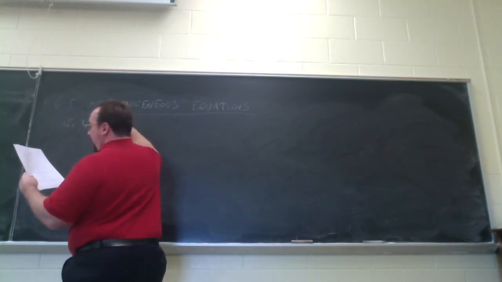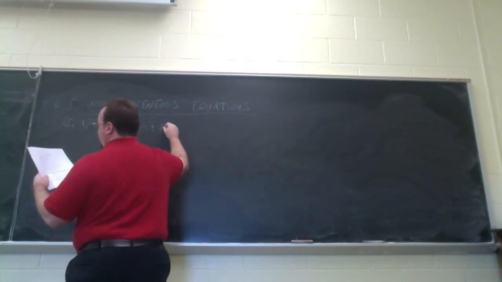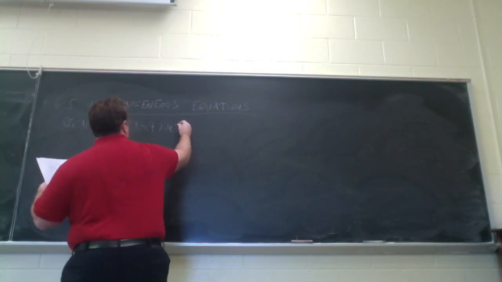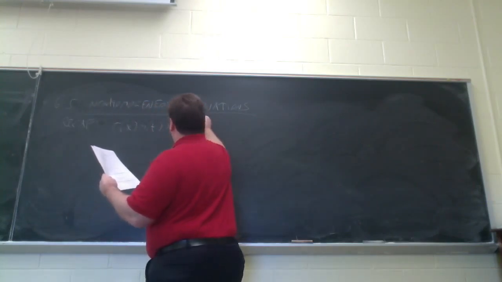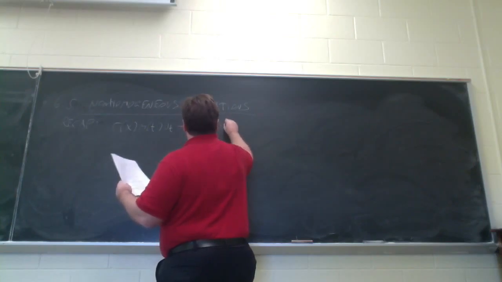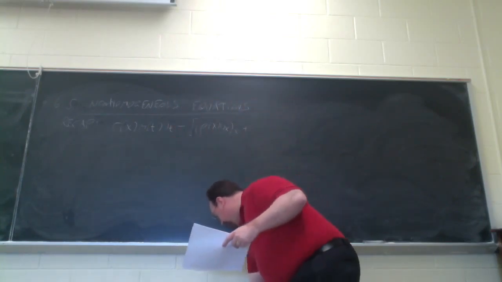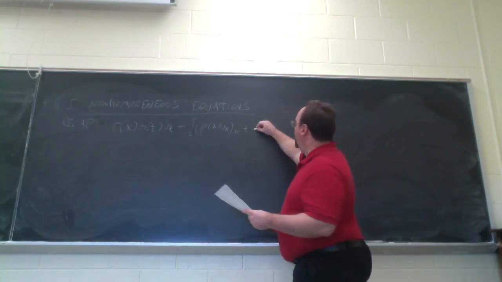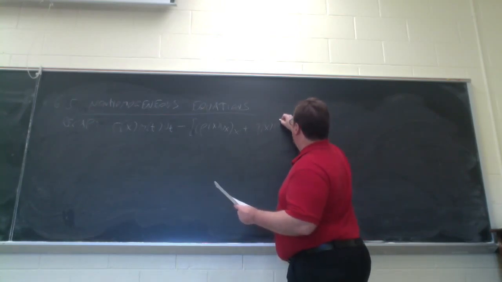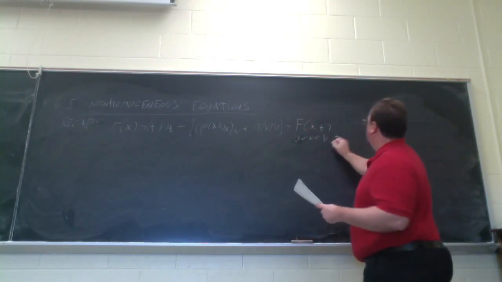The problem we're solving is r of x, u_t, minus the derivative of p of x, u_x, plus q of x, u equals big F of x and t on the interval AB.